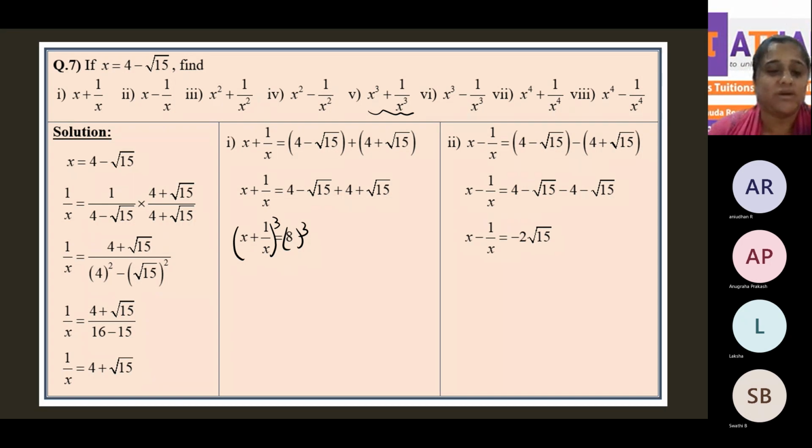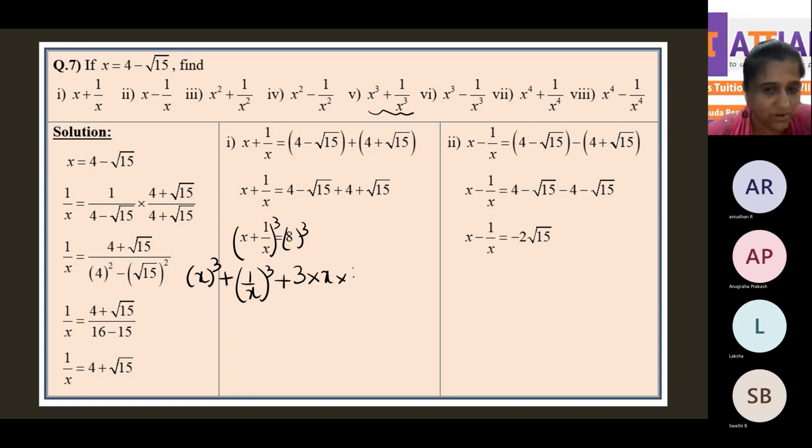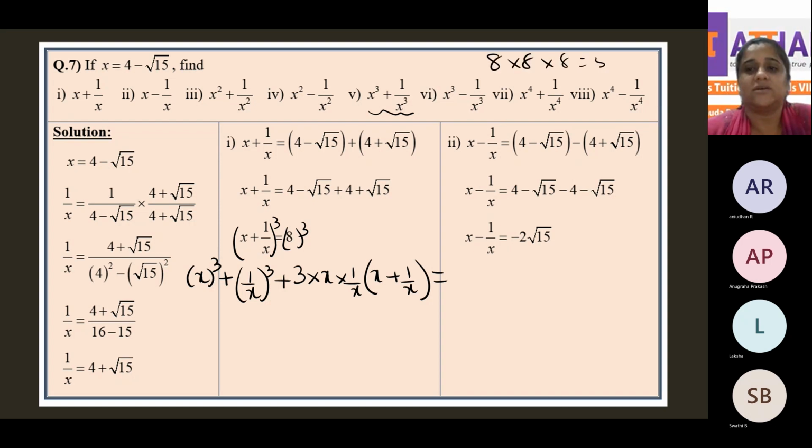What is a plus b the whole cube? a cubed, plus b cubed, which is 1 by x the whole cube, plus 3 into a into b into a plus b. x plus 1 by x is equal to 8 cube. What is 8 cube? 8 into 8 into 8, 512.